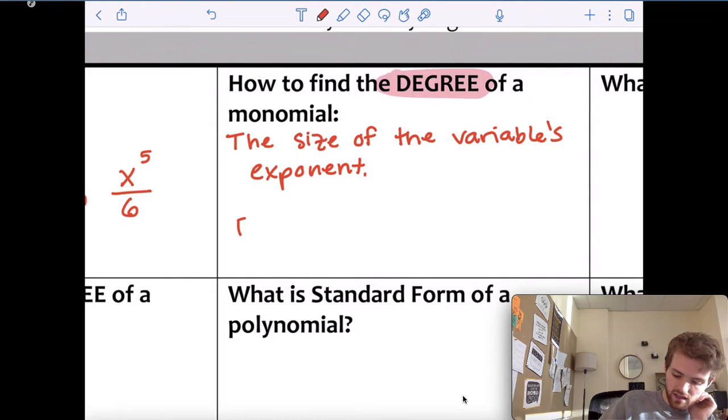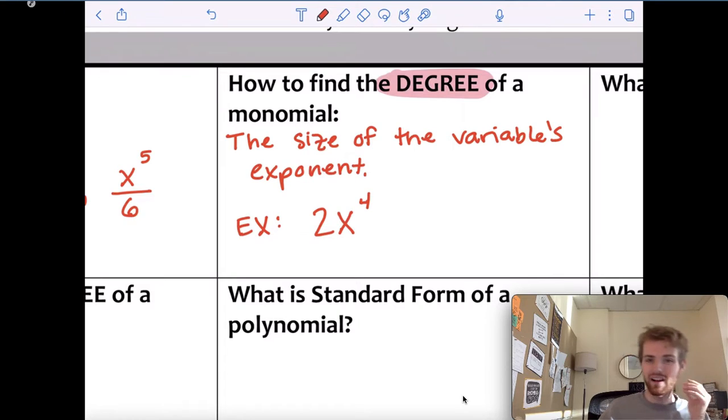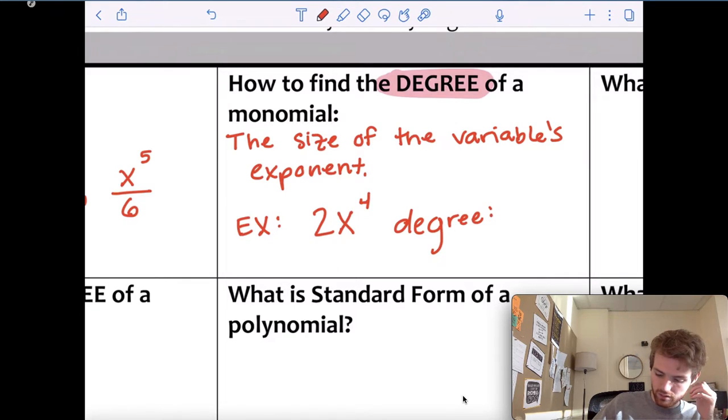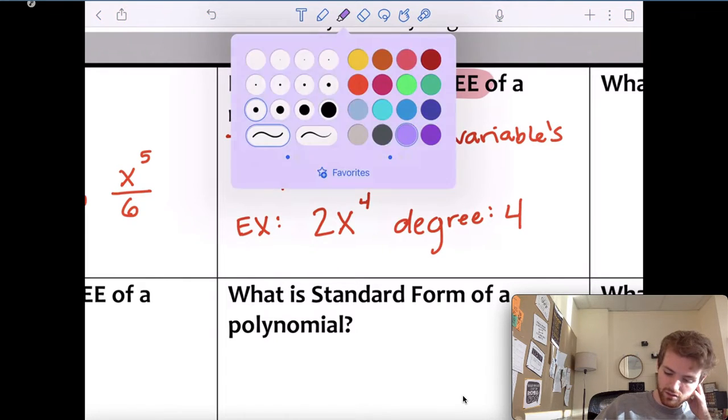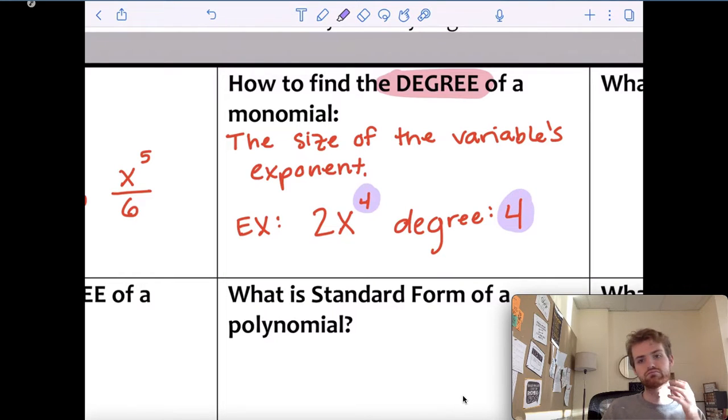What that means is, if we have a monomial like 2x to the fourth, and I asked you what is the degree of this monomial, you would say, oh, well, the exponent is 4. So all you do is you just tell me what the number of the exponent is.